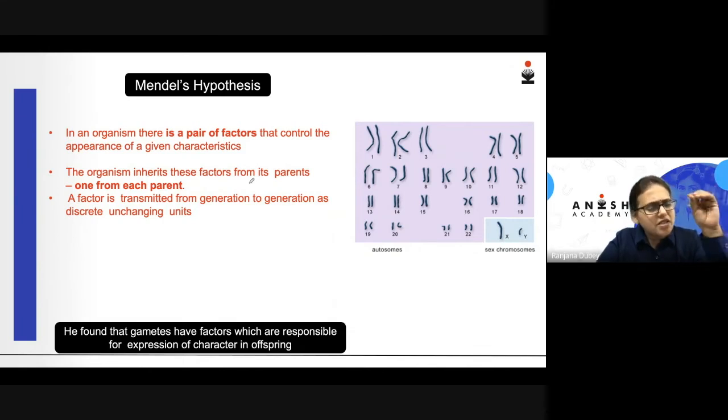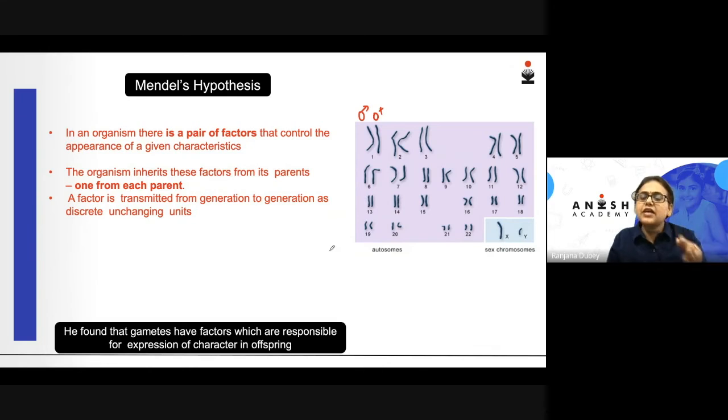So he said that there is something, that something is a factor, and that factor is coming to the offspring from its parents, and that factor is present in pairs, one from the father and one from the mother. The organism is inheriting those factors, one from each parent.